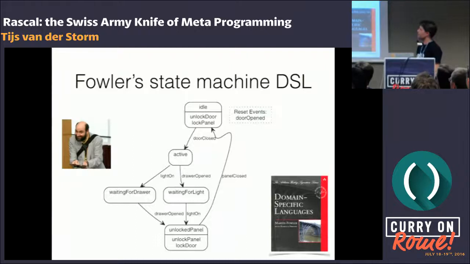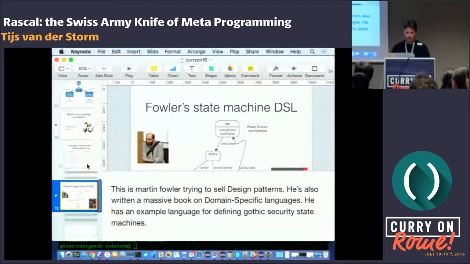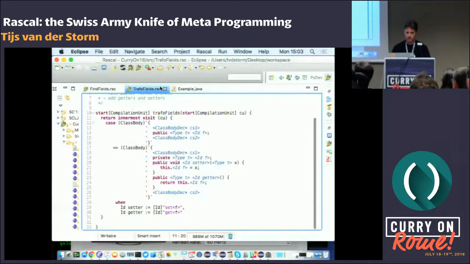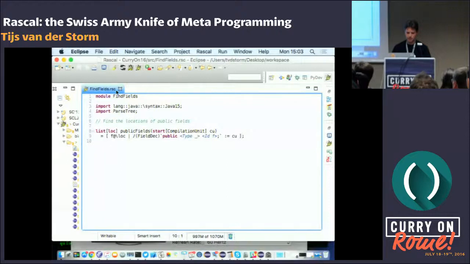And in this book, he uses this state machine example language where you can define Gothic security protocols where you have to switch a lever, open a drawer, and then some secret panel opens and whatever. And we've implemented this in Rascal, and I'm going to demo that now. So let's close this one. Don't need it anymore.